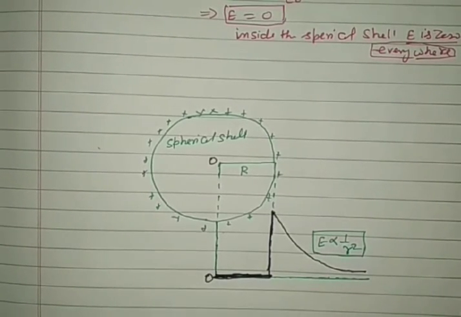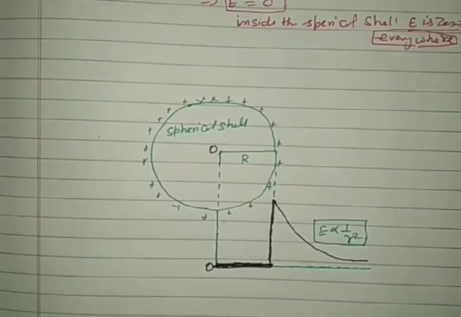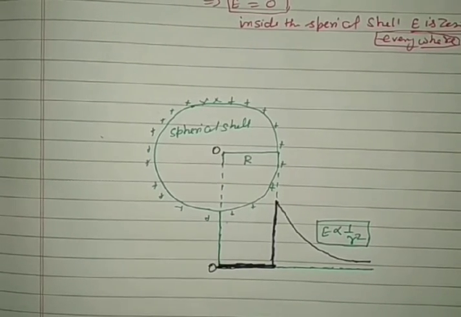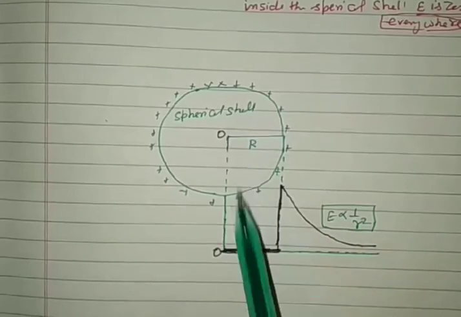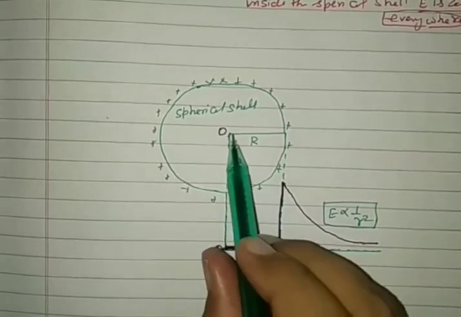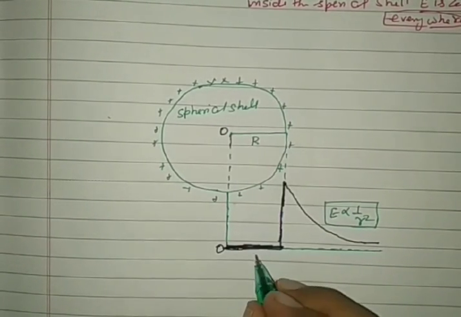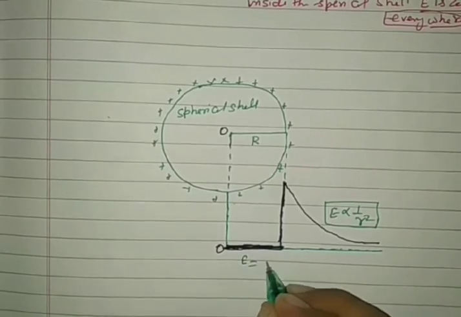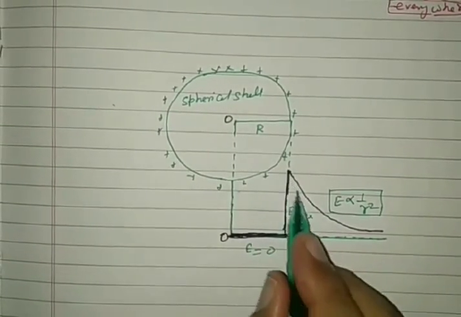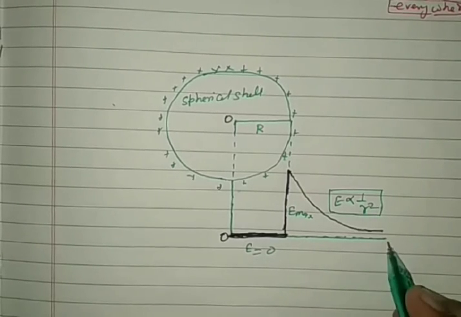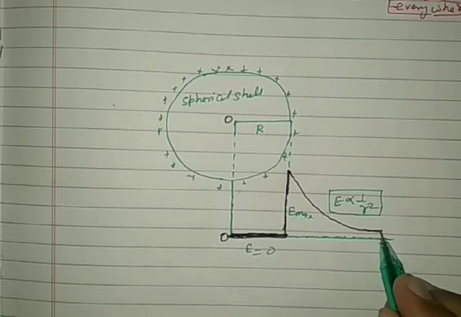So this graph clearly indicates how electric field varies at different points due to a uniformly charged spherical shell. Inside the shell, no electric field, E is equal to 0. Here E max, and further it goes on decreasing rapidly.